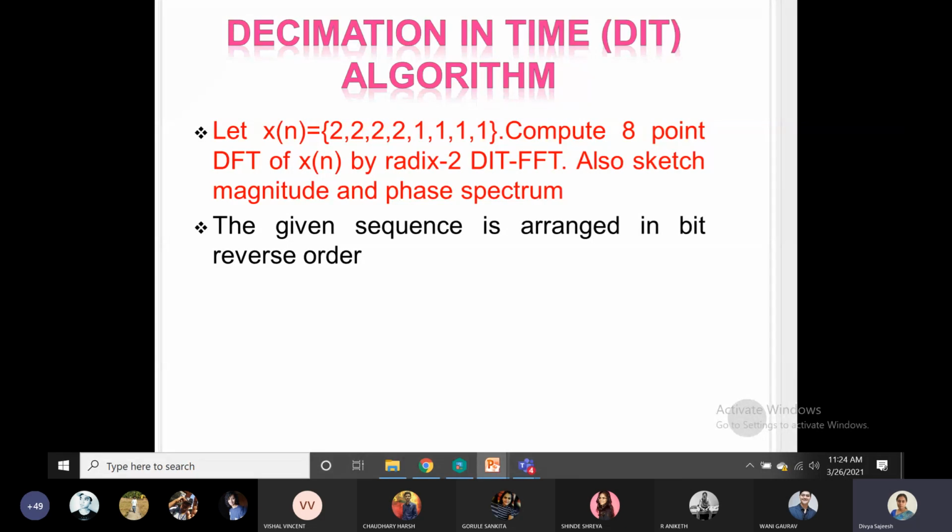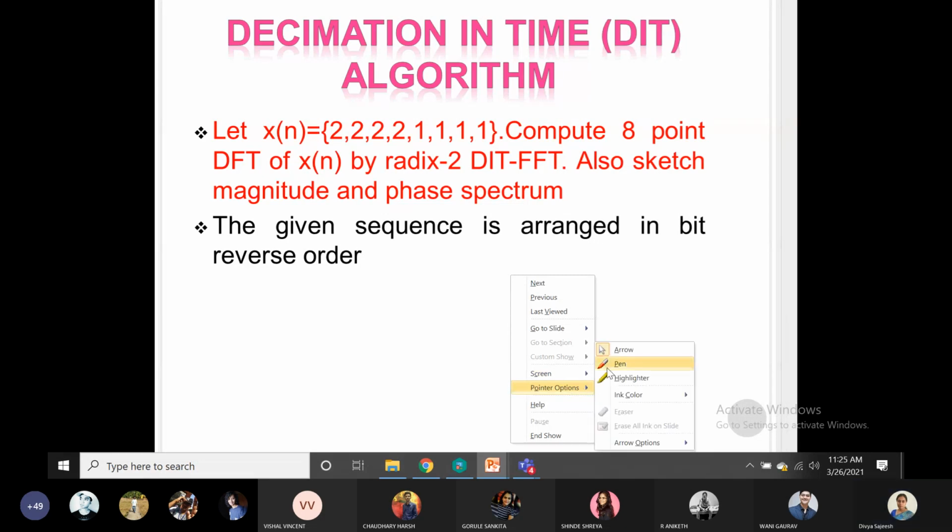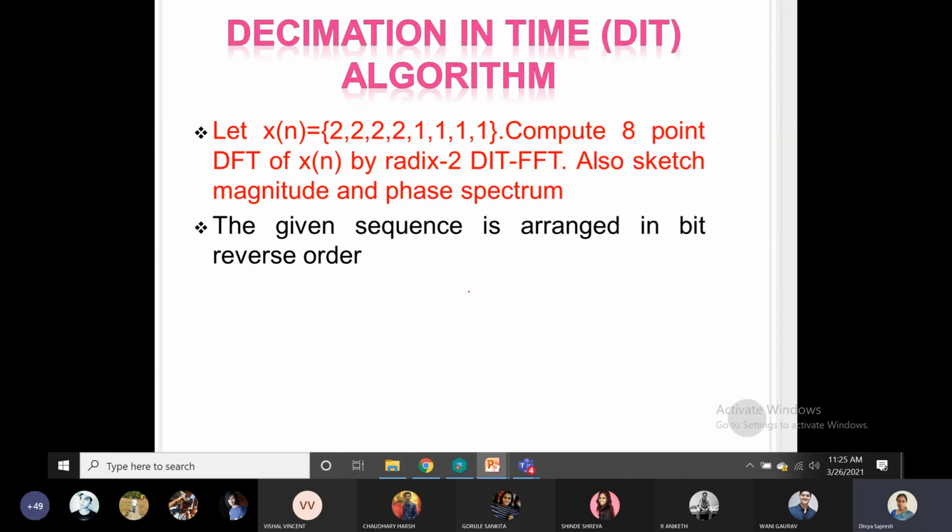So 0 will be expressed as 000 and 1 will be expressed as 001. The first element is x of 0, the 0th element, so it is 0, 0, 0.